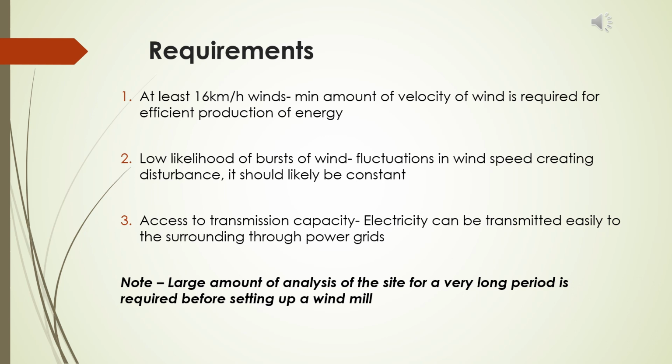It is required that the disturbance in the wind should be low. The third point is access to transmission capacity. Means the selection of site should be in such a manner that the electricity can be transmitted easily to the surrounding.